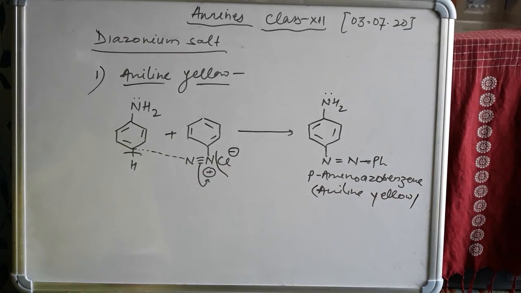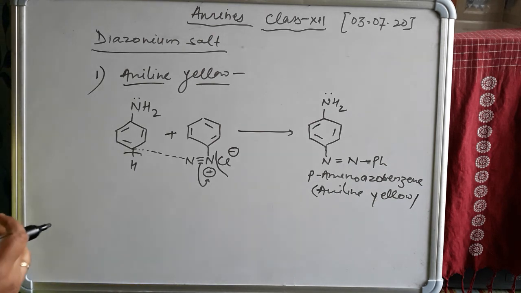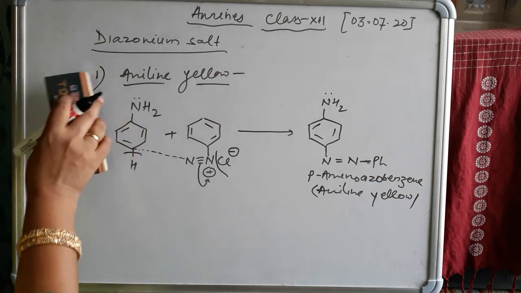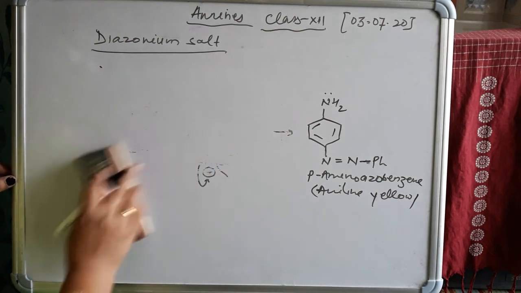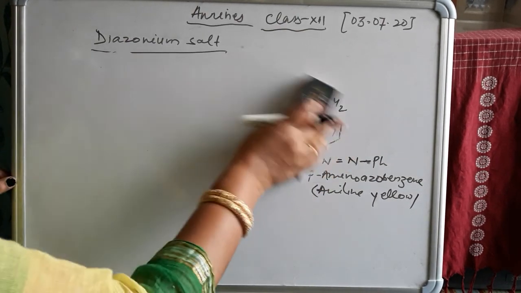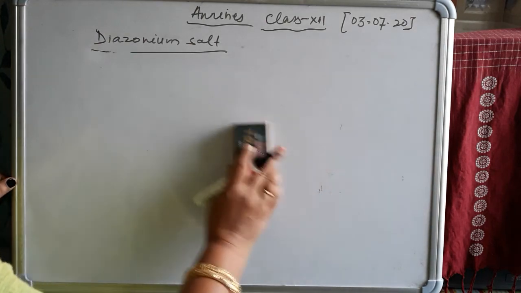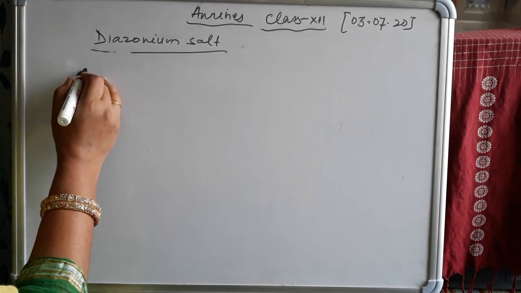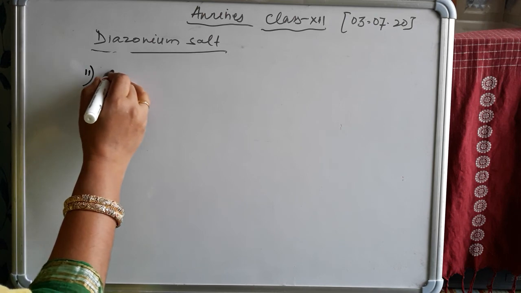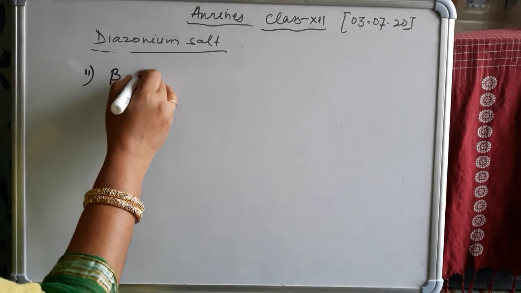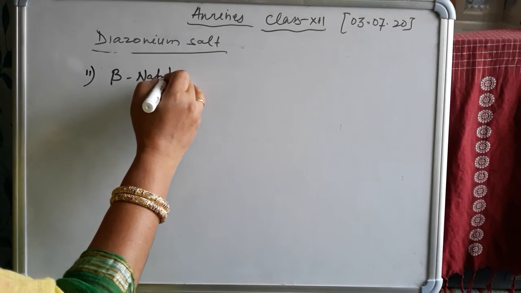This dye is used in large amounts in the fabric industry, where dyes are used for coloring different textiles or clothes. Now next is beta naphthol.